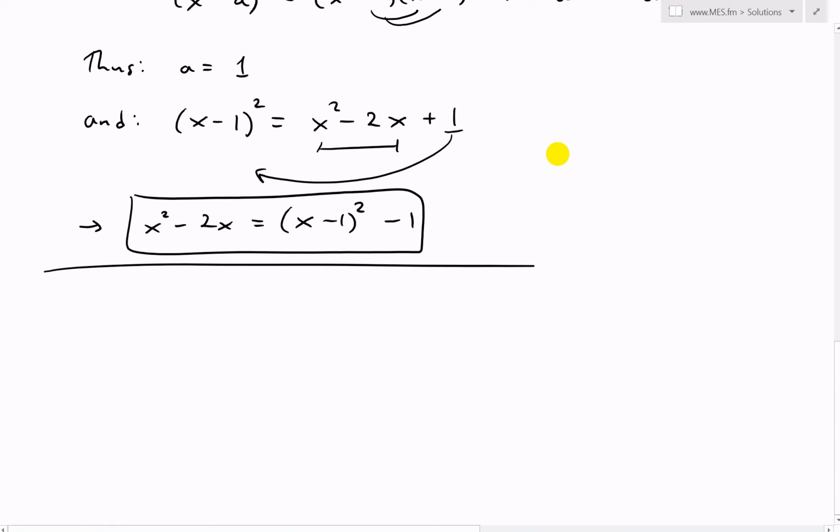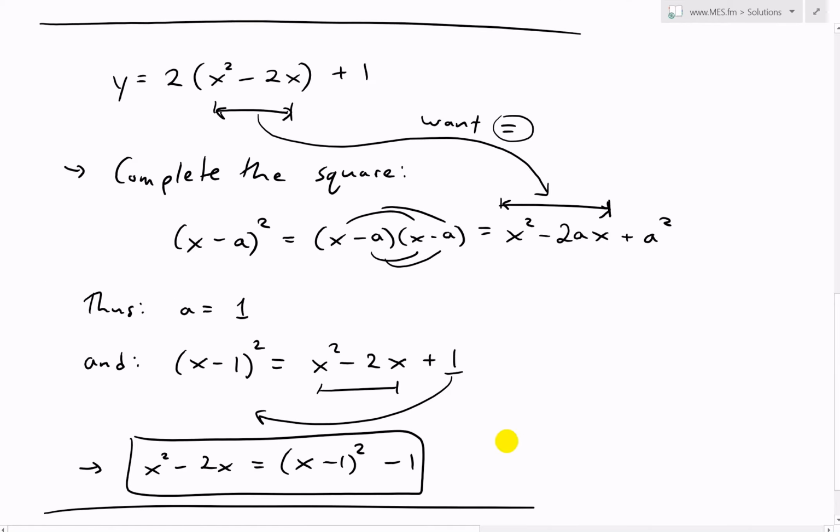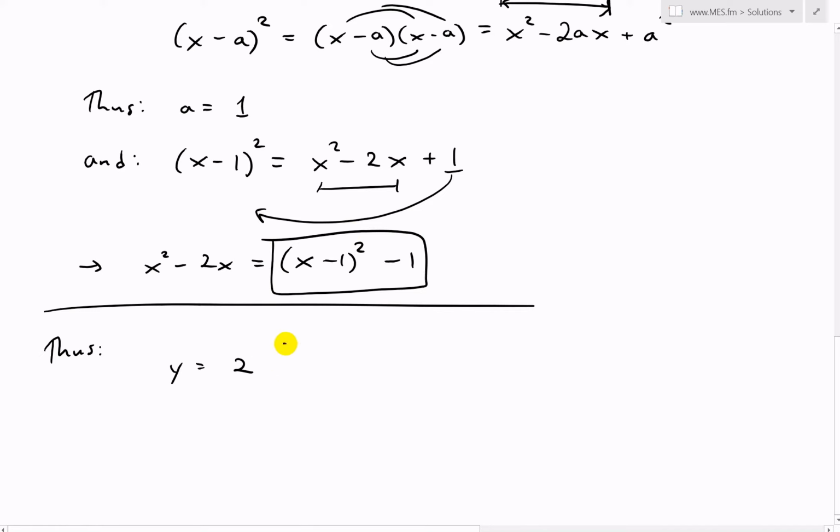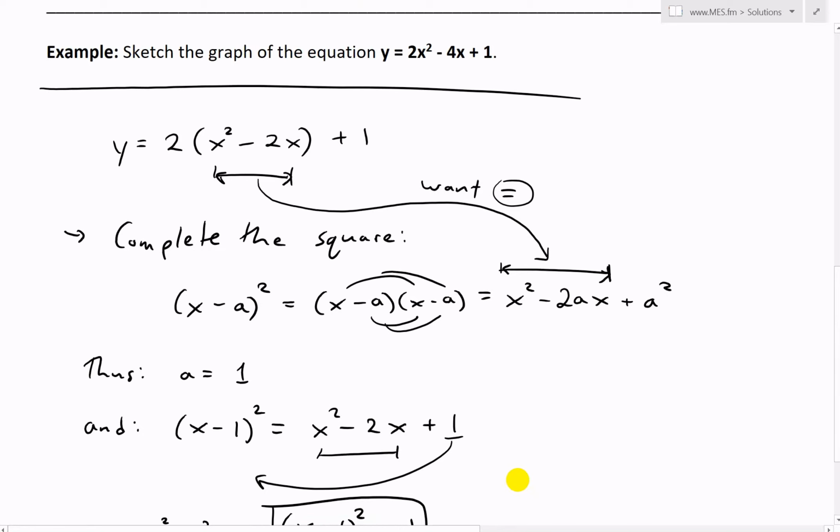So we could write, thus, the formula is y equals 2, and then x squared minus 2x, which is, this part equals this. Right here, I'll just box this out. And then this becomes x minus 1 squared minus 1, with the box around it, and then we have finally this other term plus 1.